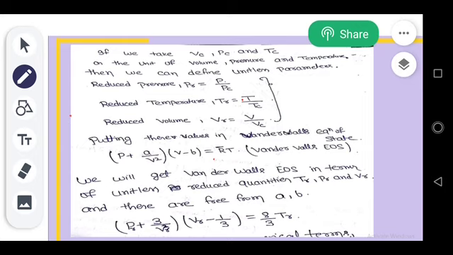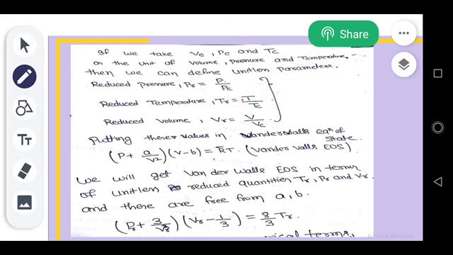Say if you have a critical temperature of 100 degrees centigrade and the actual temperature of the gas is 150 degrees centigrade, we can say that its reduced temperature is 1.5, meaning its actual temperature is 1.5 times its critical temperature. So we can define its temperature in terms of its critical temperature.